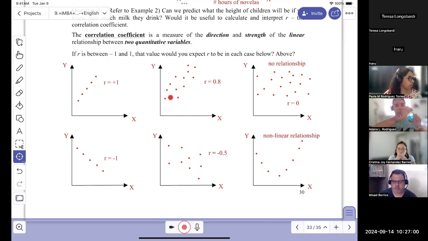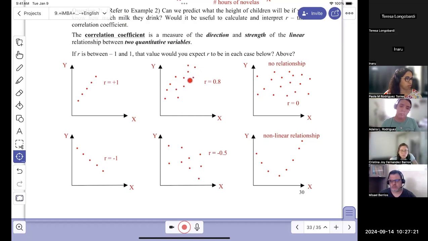So, let's say, in the examples in the videos you learned about the number of drownings and the sales of ice cream. Maybe if you plotted it, you would get something like this, 80% correlation.